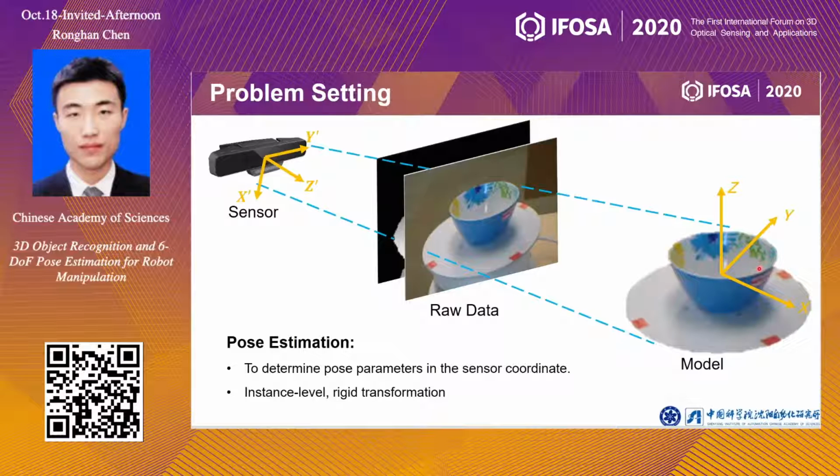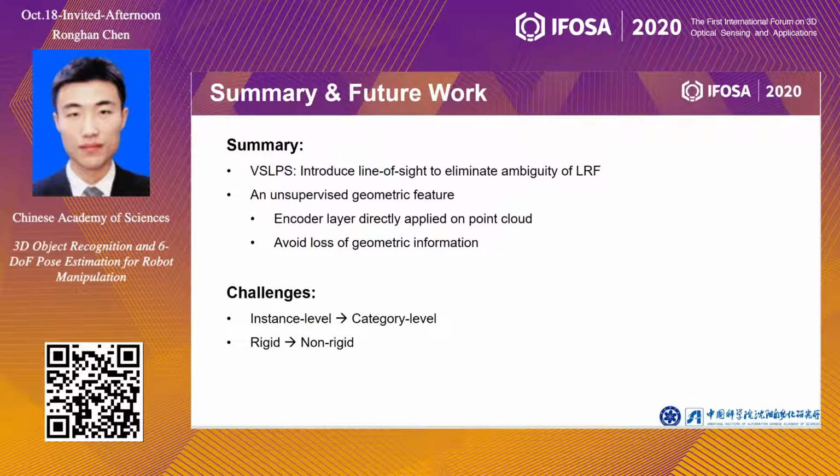So in conclusion, we propose a traditional geometric feature, VSLPS, which introduces the line of sight to eliminate the ambiguity of LRF, and thus achieves more efficient and accurate performance. In addition, we propose an unsupervised geometric feature encoder that can be directly applied on point clouds and avoids the loss of geometric information.